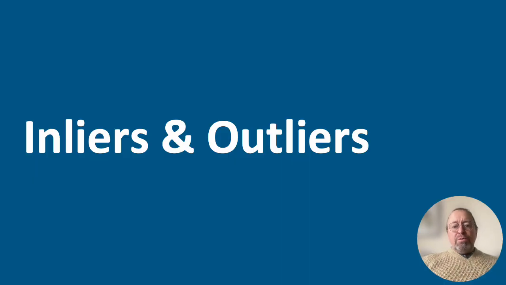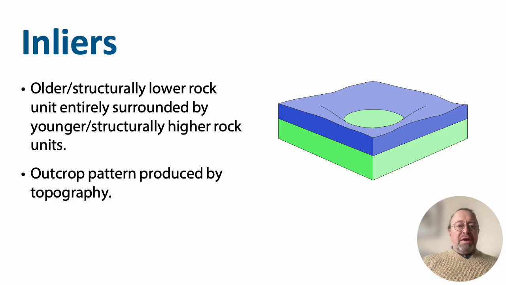So firstly, let's deal with inliers and outliers. What on earth is an inlier and an outlier? Well, these are essentially things that we see on geological maps, and they reflect the impact of topography on the outcrop pattern.